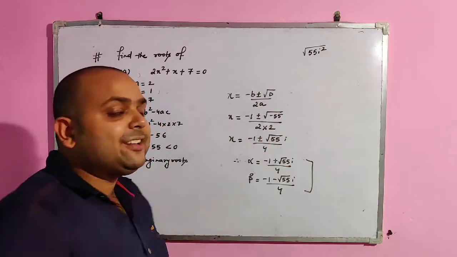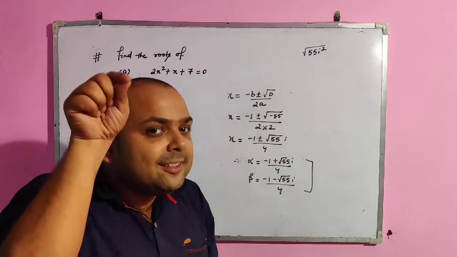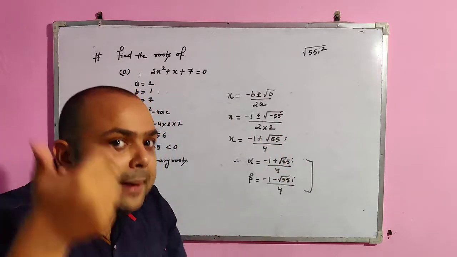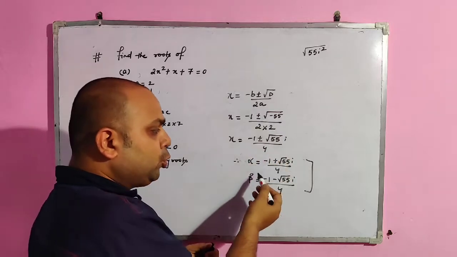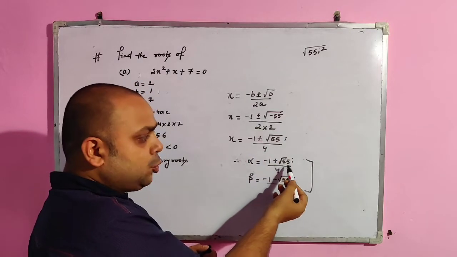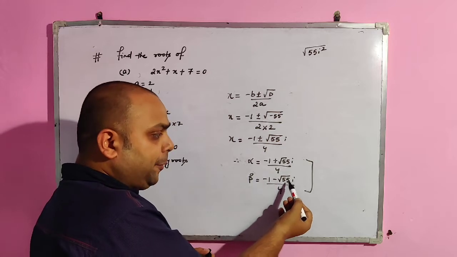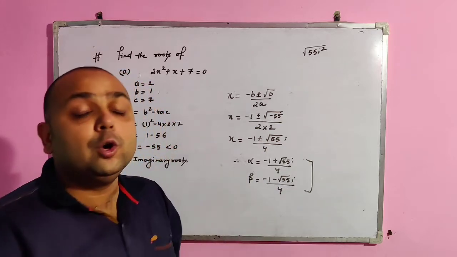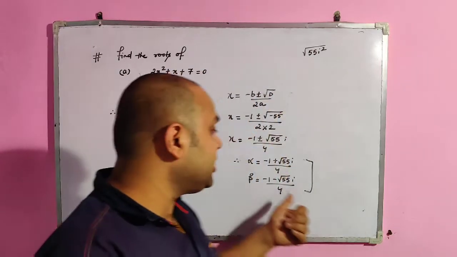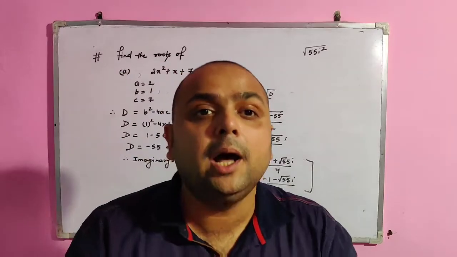Whenever you have a negative sign inside, just put iota there. So it becomes imaginary. Now we have two roots, alpha is minus 1 plus root 55 iota upon 4, and second is beta, minus 1 minus root 55 iota by 4. So we have two imaginary solutions, which are in the general form a plus iota b.